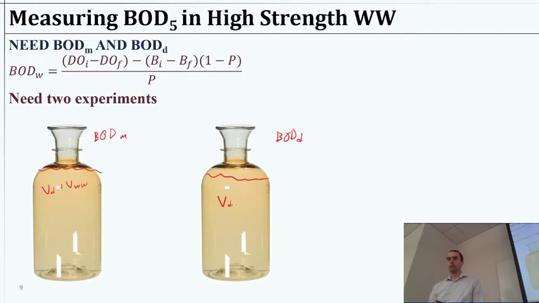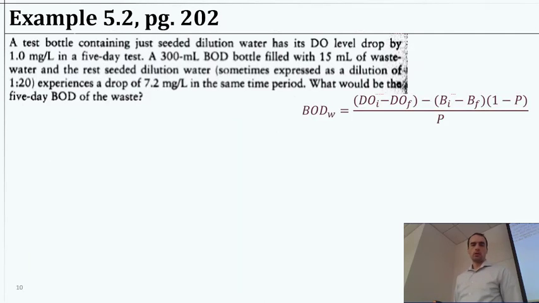And in fact, that's probably misleading for me to call it the volume of dilution there. This would be just dilution only, just the dilution water. Because the volume here is going to be the 300 milliliters or whatever the bottle can hold. Okay, so that's kind of the approach.